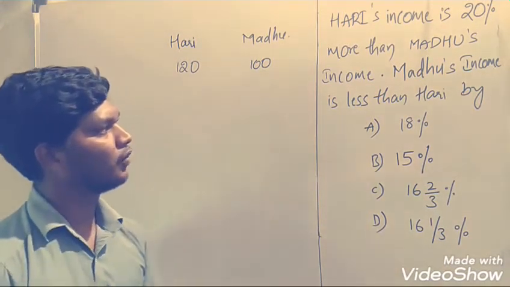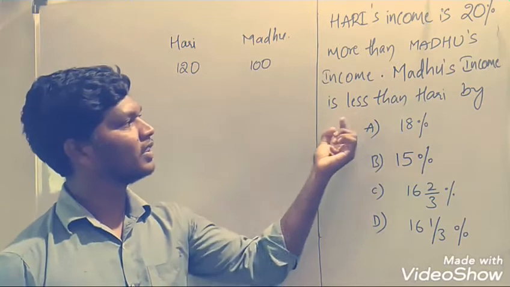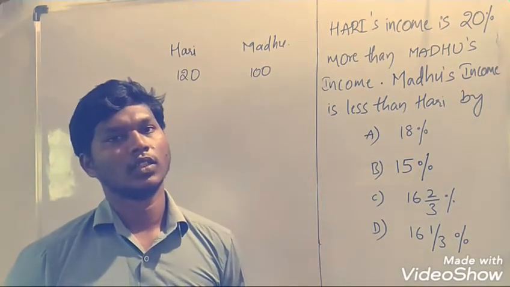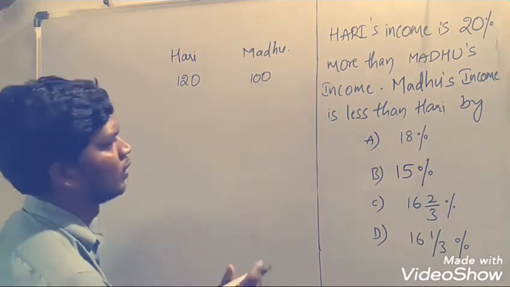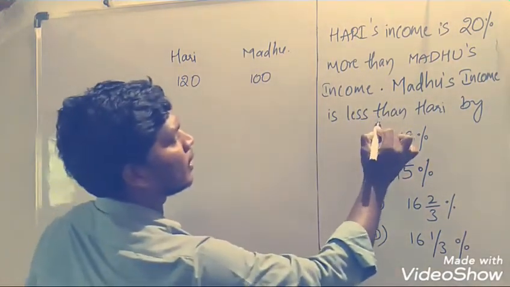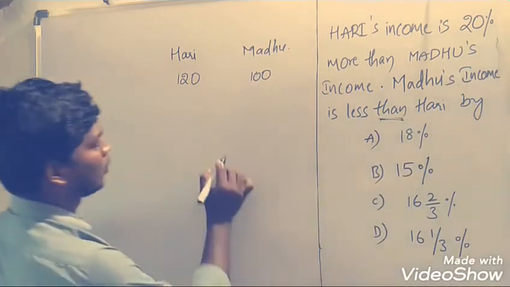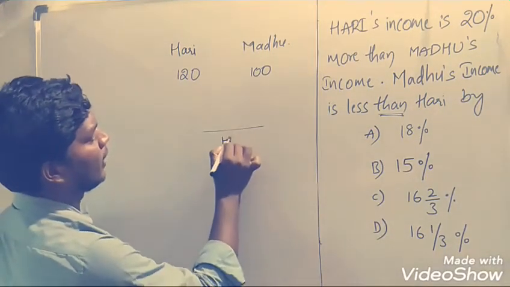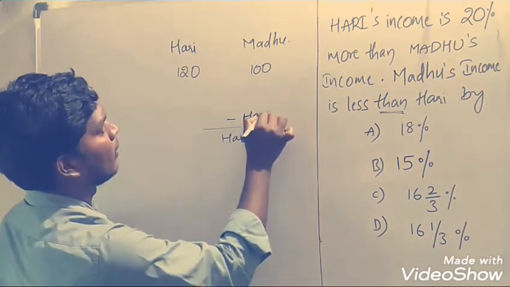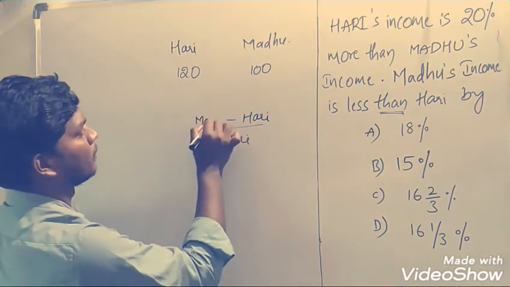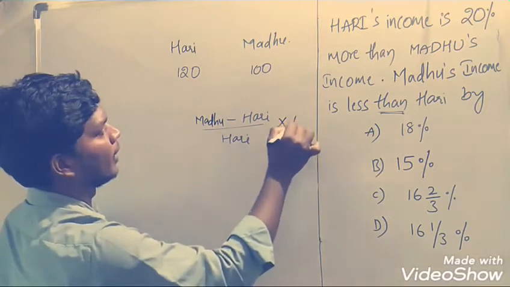Here it asks to find how much Madhu's income is less than Hari's. Less than means formula number 2. After 'than' we have Hari, so write Hari in the denominator and in the second place, and Madhu here, into 100.